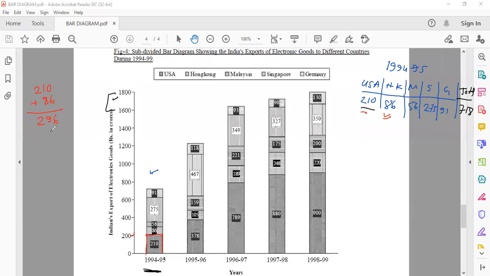So I have to go up to 296, and this is the point to get 296. So I go up to this and draw this rectangle whose height is 86.